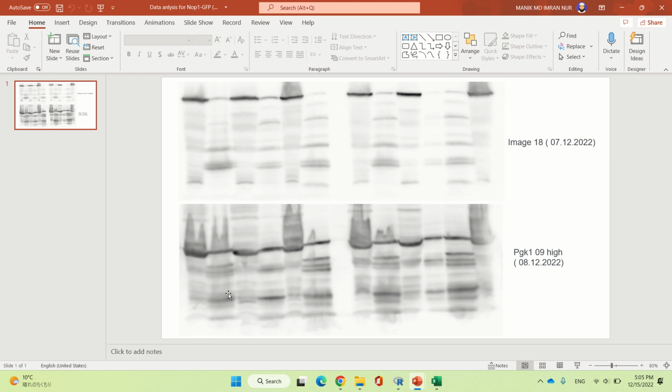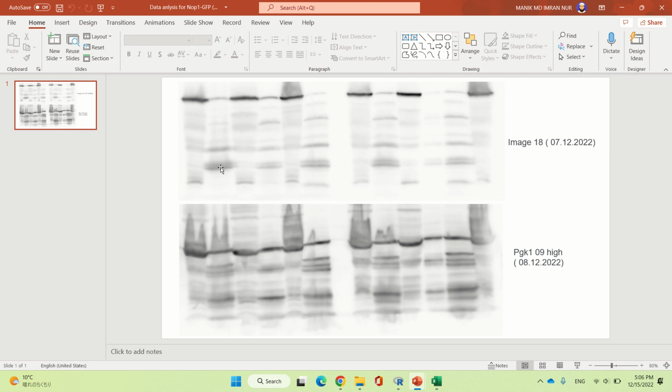Yes, correctly loaded. So, according to your argument, I came to understand that when we are applying the formula, we are trying to assess the degradation of NOP1 in terms of GFP. Yes.